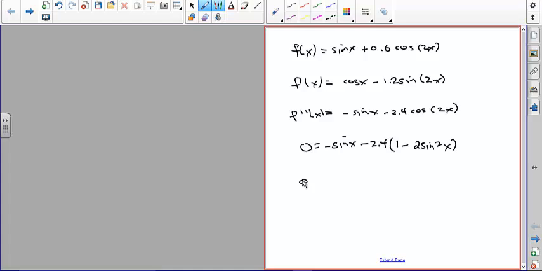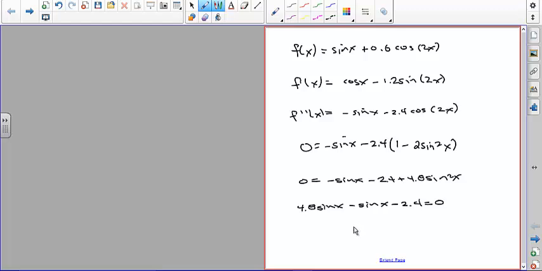And if you multiply that out, you get negative sine x minus 2.4 plus 4.8 sine squared x, or just rearranging it, 4.8 sine squared x minus sine x minus 2.4 equals 0.